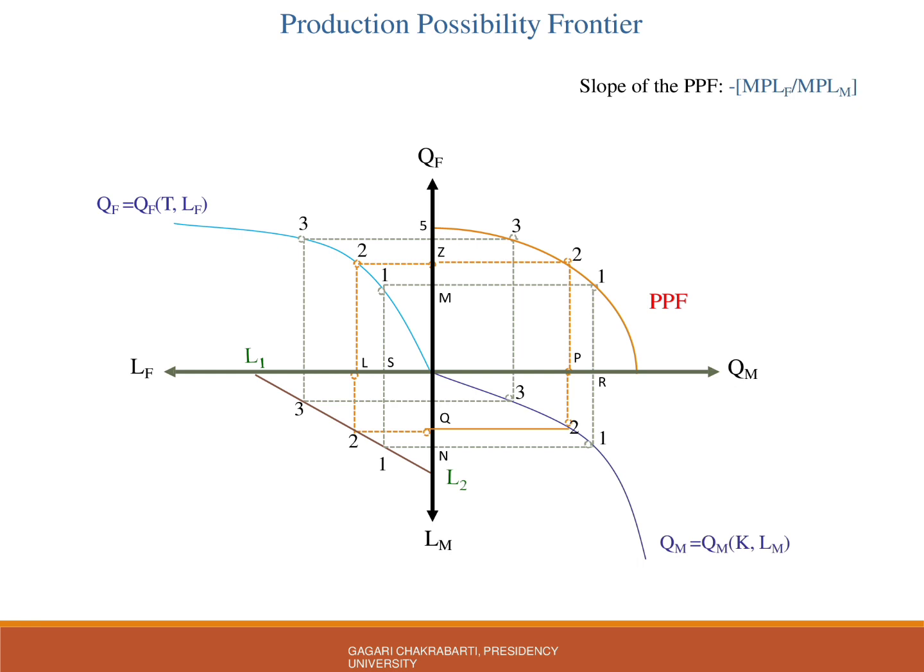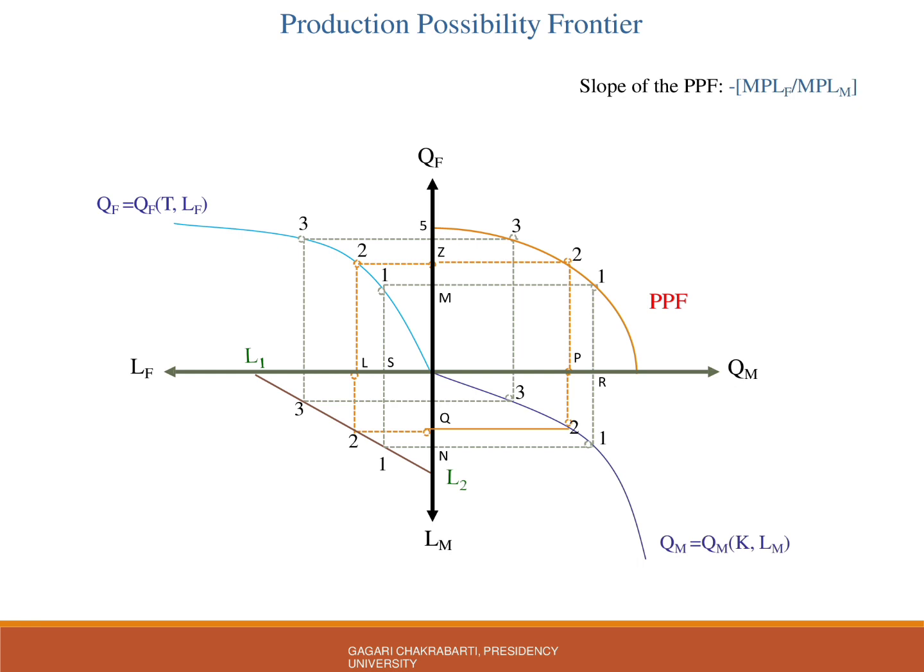Now suppose we start from any other point which is lying in between L1 and L2. Suppose we start from point 1 on L1, L2. So starting from this point we can find out how much labor will be going to the food sector and how much labor will be going to the manufacturing sector. So from the diagram it is clear that OS amount of labor is going to the food sector and ON amount of labor will be going into the manufacturing sector.